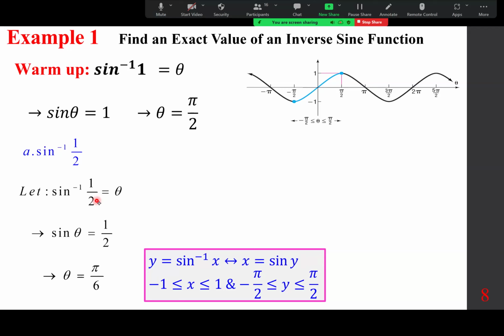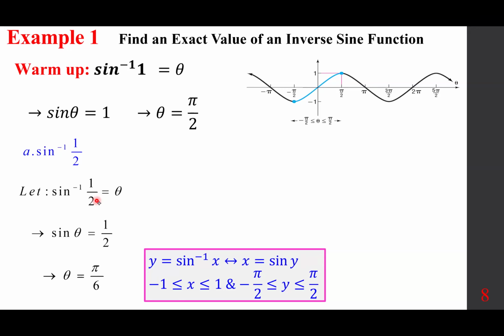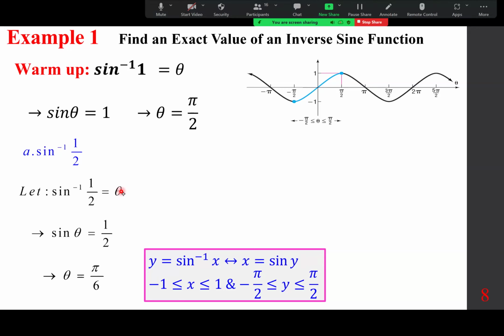Now, what I want to mention here, class, when we look at the inverse function, we are looking at negative pi over 2 to pi over 2 for sine, okay? As far as the domain is concerned. Therefore, it creates one solution. Whereas if you are solving this from 0 to 2 pi, it does have two solutions. Again, this has a unique solution because of the restriction we put on sine to make it one-to-one. Just one solution.